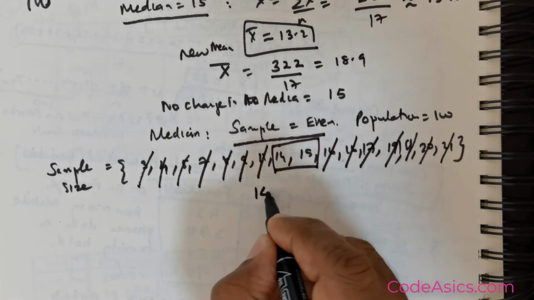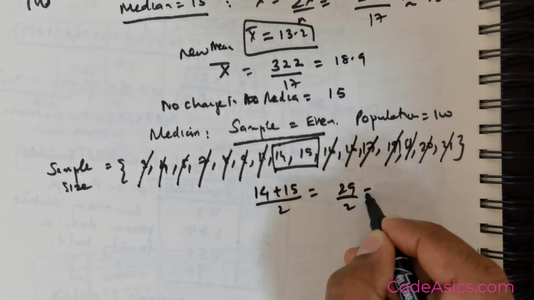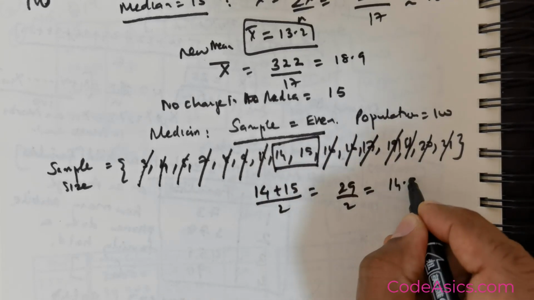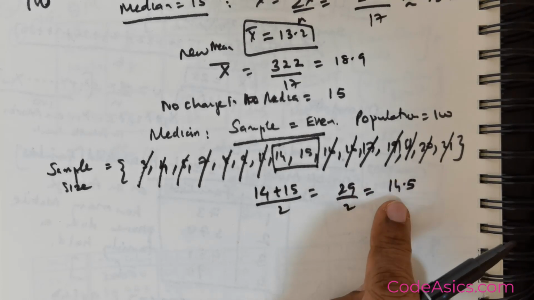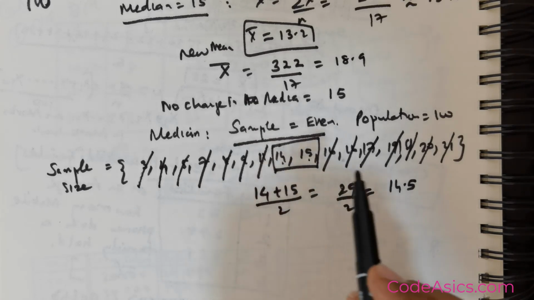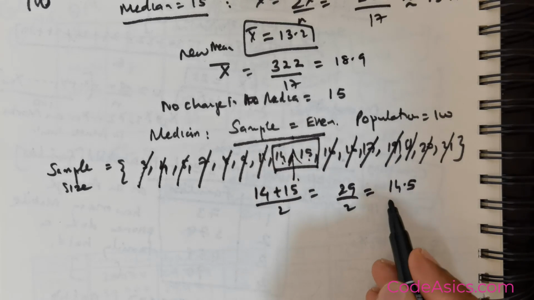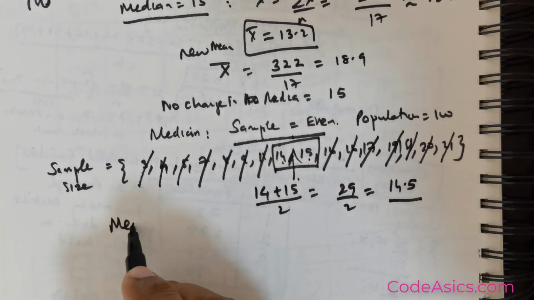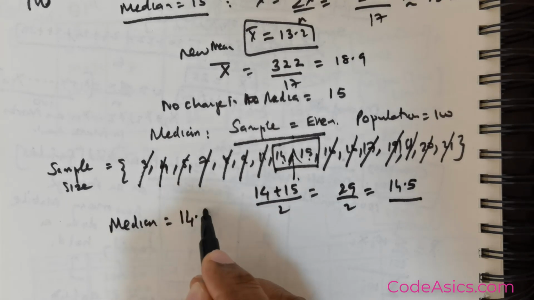What you need to do is take 14, add it to 15 and divide by 2. So this is going to give me 29 divided by 2, which is going to be 14.5. Now this 14.5 actually lies between the 8th and the 9th entry. Okay, so this is the median for this sample. So the median is equal to 14.5.